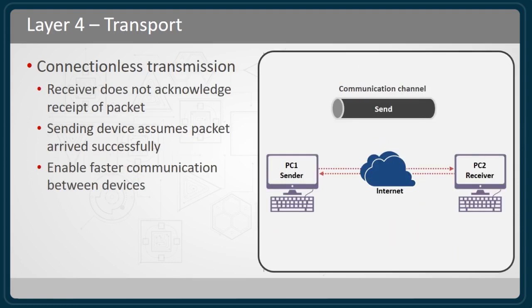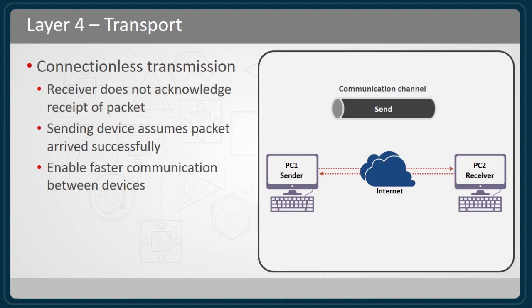But in a connection-less transmission, something using the UDP protocol, the receiver does not acknowledge the receipt of a packet. The sending device simply assumes the packet arrived successfully. And again, this is not as reliable, but it enables faster communication between the devices. So ultimately, it really comes down to what you need. Do you need reliability or do you need speed? And you simply choose the appropriate protocol.